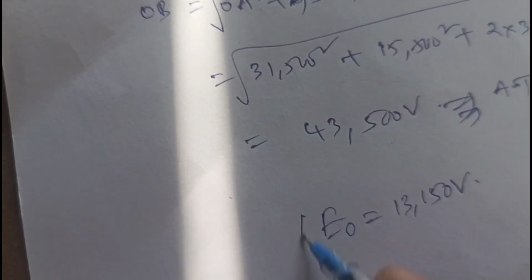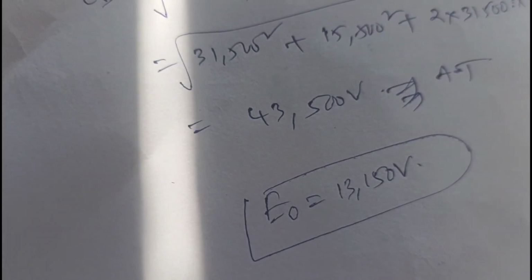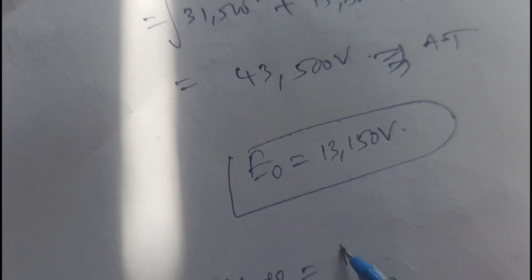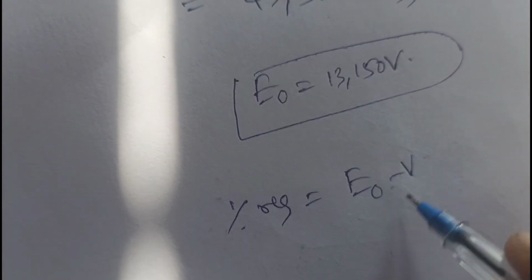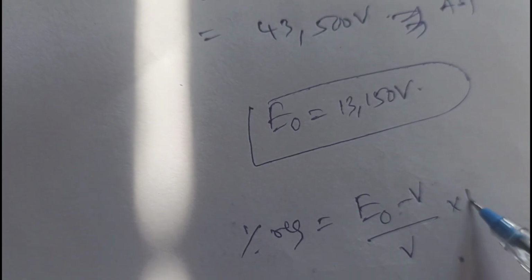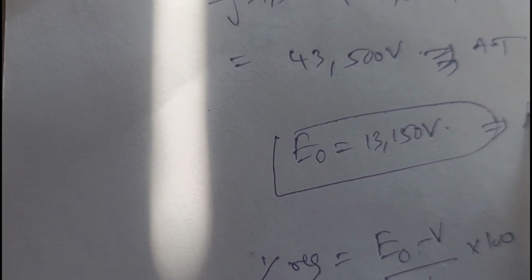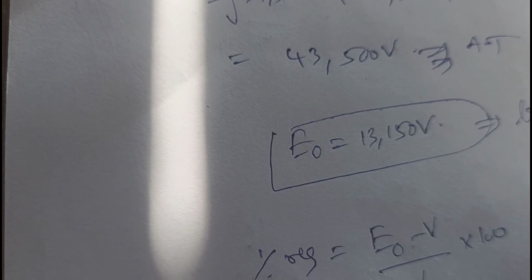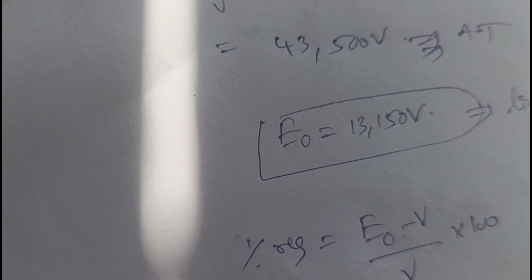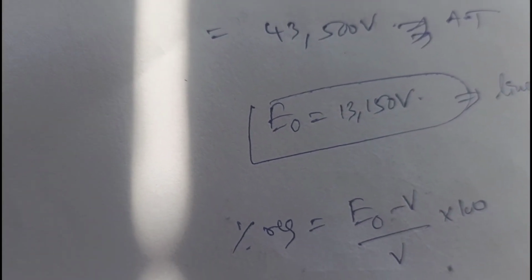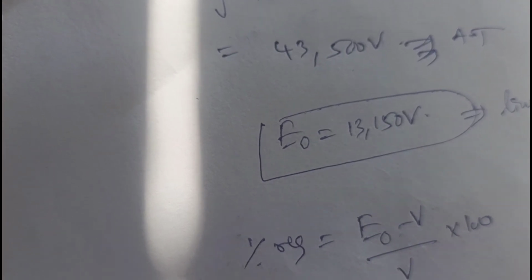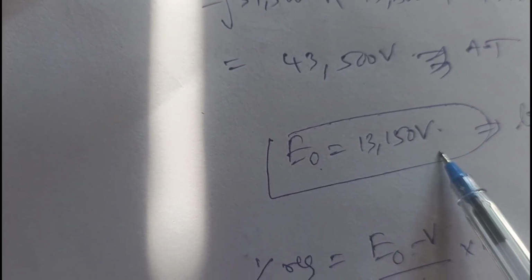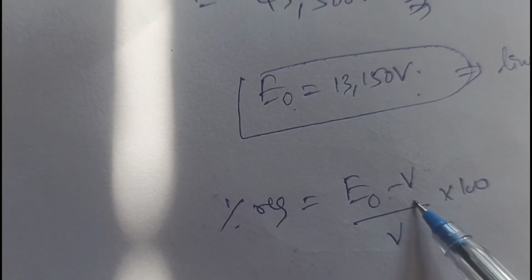Finally, the percentage regulation formula is (E naught minus V) by V into 100. This E naught value is the line EMF, so we are not converting into per phase. If we want per phase, converting is also no problem, but then the voltage must also be converted to per phase.